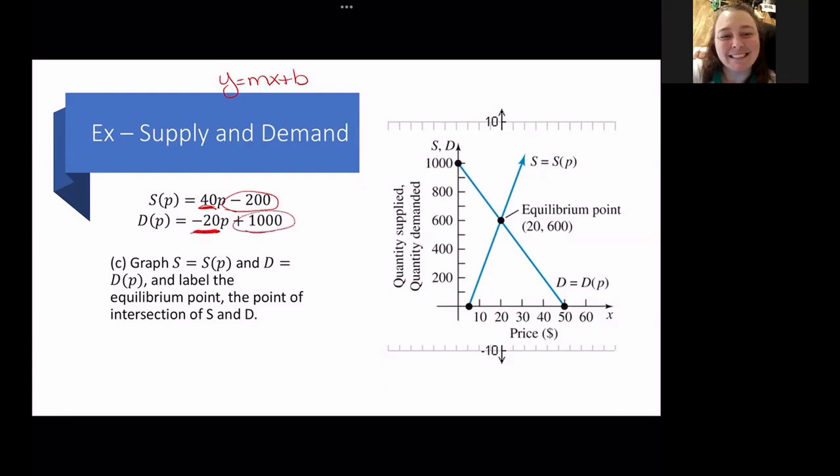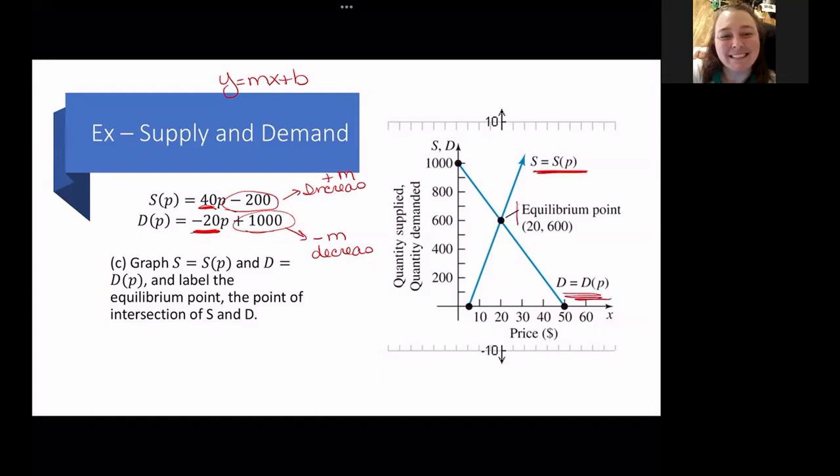So here you can see your supply is going to be increasing because you have a positive M. And your demand is going to be a negative M, so you're decreasing. Okay. So here we've got our D is decreasing and our S is increasing.